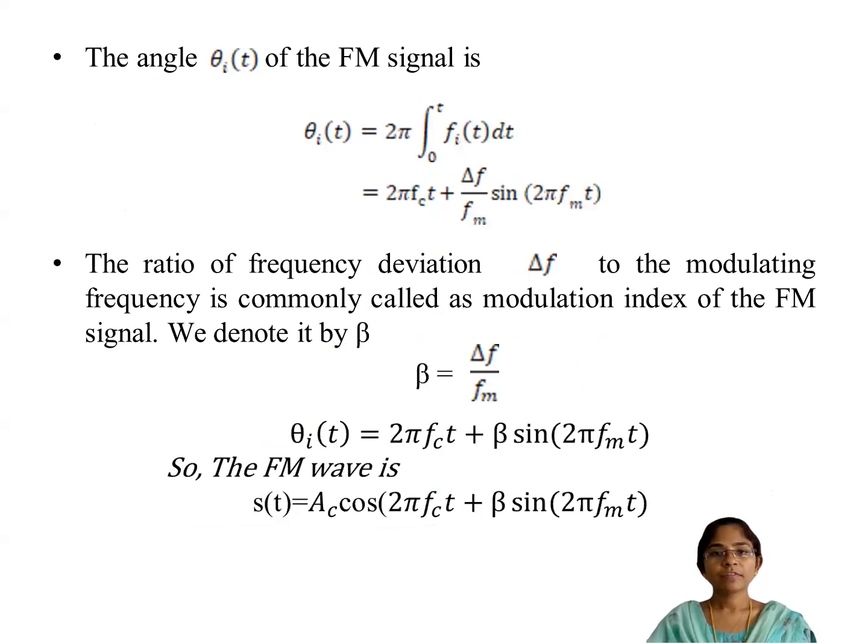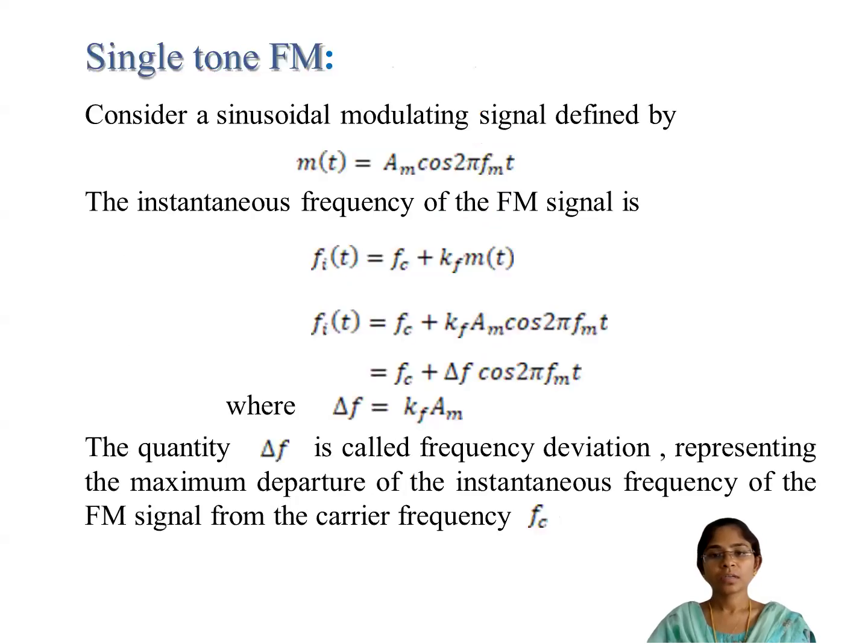The angle of the FM signal is given as theta i of t is equal to 2 pi integral 0 to t Fi of t. Substitute Fi of t here and do the corresponding integration. So 2 pi FCT plus delta F by Fm into cos 2 pi FMT integrated.